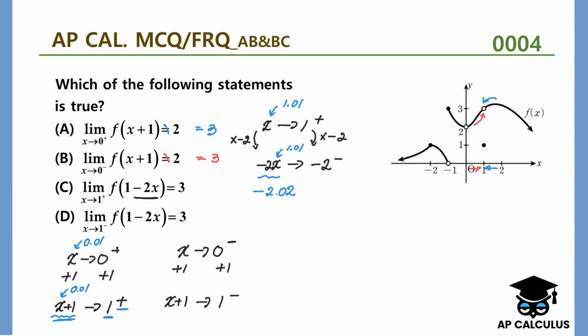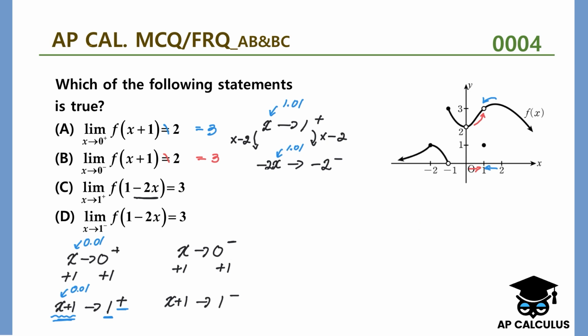That's actually a little less than negative 2. If negative 2 is here, negative 2.02 is somewhere here, right? So it actually approaches negative 2 from left hand side. Does that make sense? So whenever a negative is multiplied, the direction actually changes. Okay?